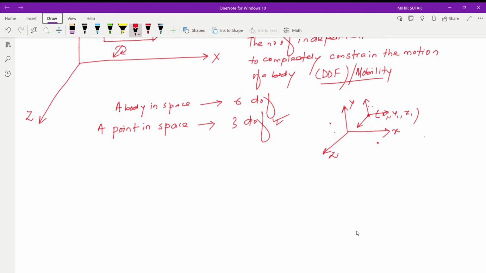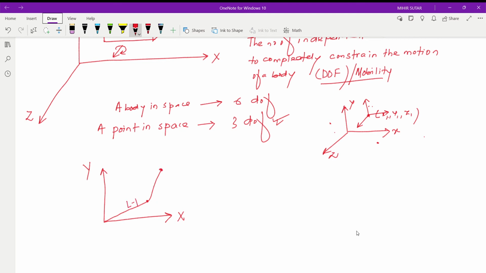Similarly, suppose we have a planar case, only x and y, and we have 2 links. Let's say this is link 1 and this is link 2.